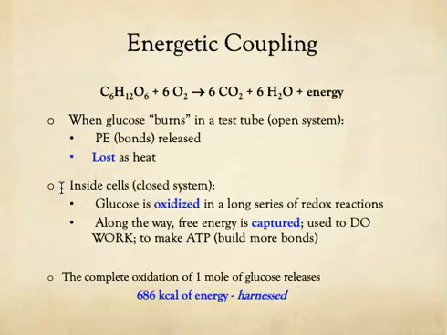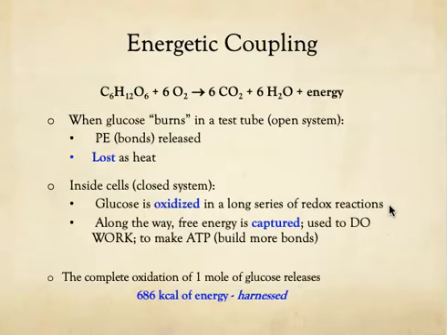So inside of the cell, as the glucose gets oxidized, first of all, it's going to get oxidized very slowly. The glucose is not directly converted to carbon dioxide. The covalent bonds are broken one at a time through a long series of redox reactions. Remember, during cellular respiration, the glucose is first broken down into pyruvate. The pyruvate is then broken down into acetyl-CoA and carbon dioxide.